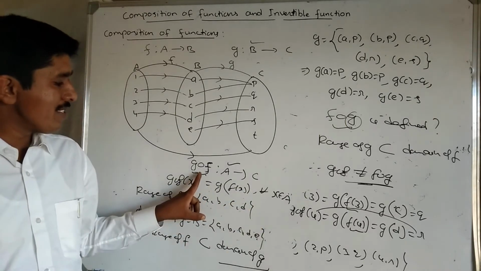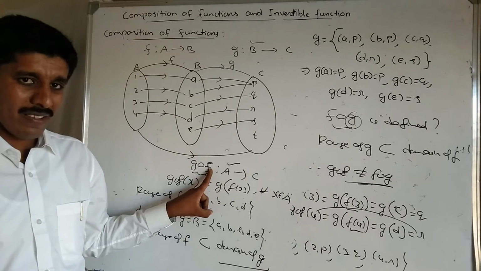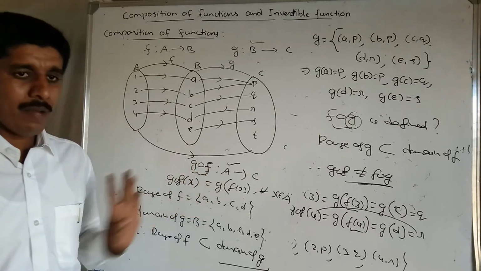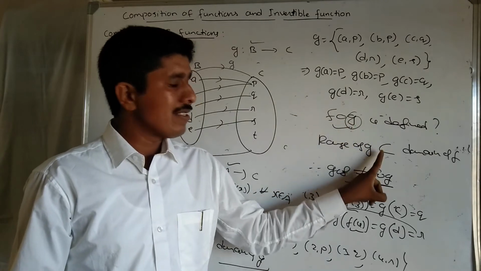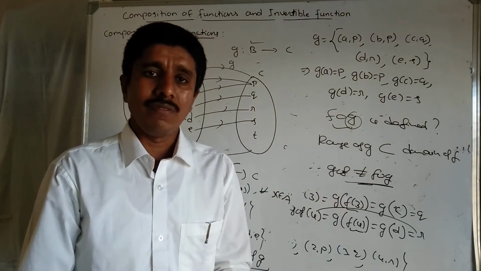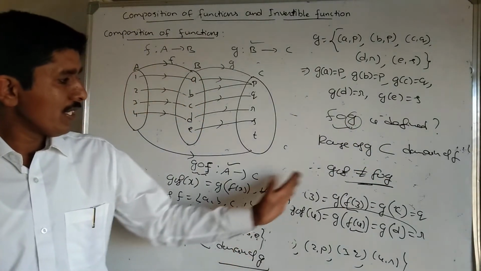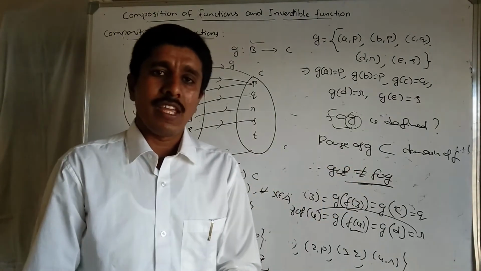One thing to mind, it is defined when the range of F is a subset of the domain of G. Next, clearly FoG is defined when the range of G is a subset of the domain of F. Clearly, GoF is not equal to FoG.